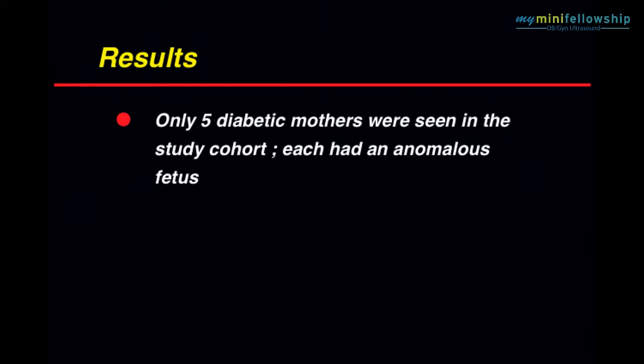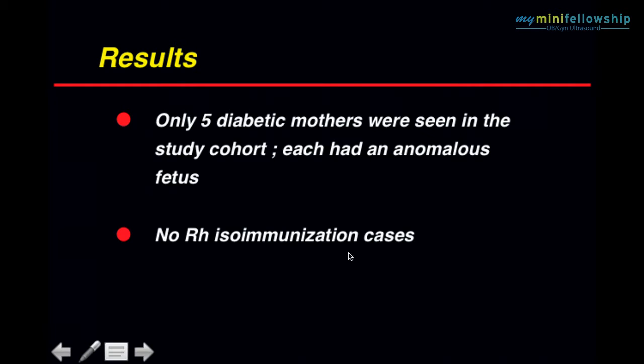When we looked at diabetes, only 5 diabetic mothers were seen in the study cohort, and each had an anomalous fetus. So diabetes in and of itself did not contribute a single fetus to the cohort of polyhydramniotic fetuses. We are also a center for referral of Rh immunized pregnancies, and in our study cohort, there were no instances of Rh isoimmunization alone.